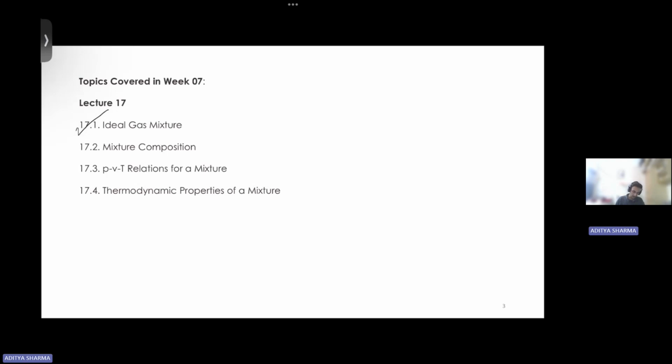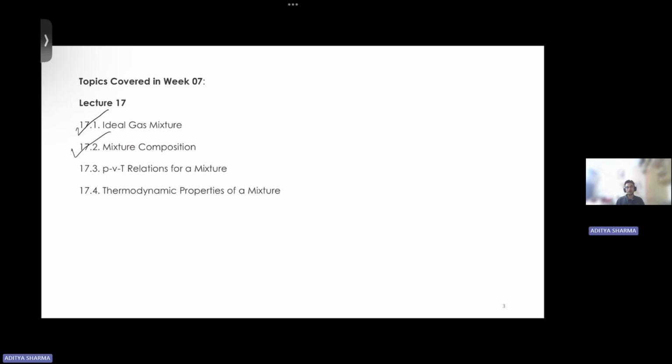And then the second topic in this lecture was mixture composition. So this is a very fundamental topic as far as the discussion of mixtures is concerned.